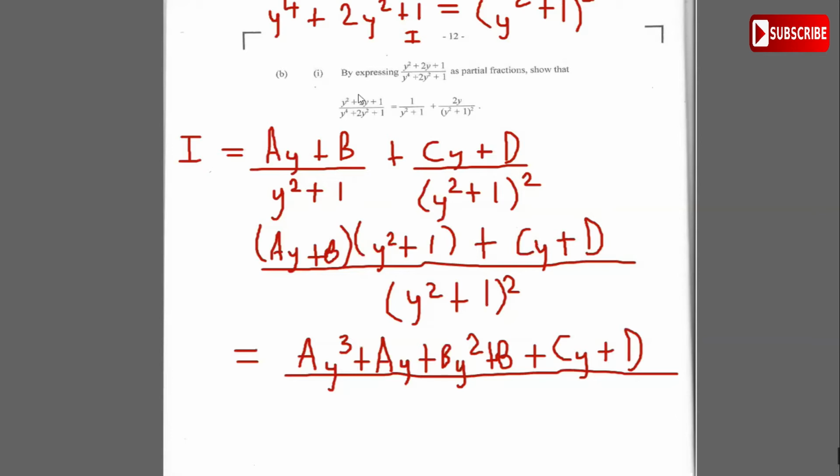And then now you have right here y squared plus 2y plus 1. Remember, that's what we had, y squared plus 2y plus 1. And that's by equating the numerators.